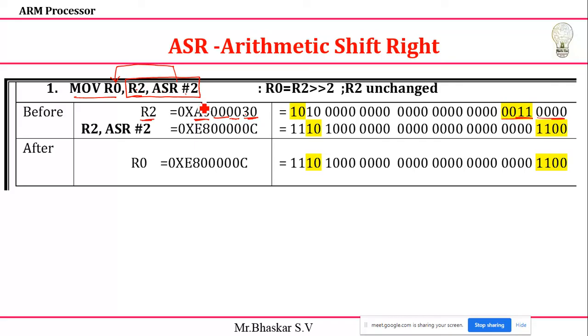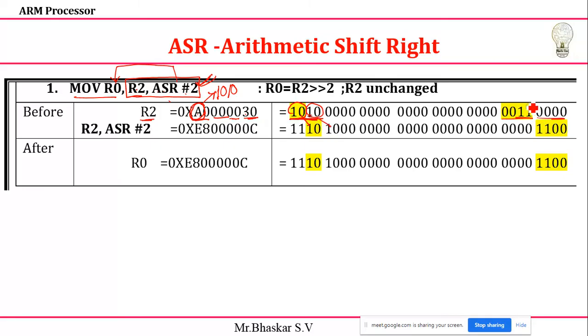Now I'll take A. How to represent the binary value of A? You already know it is 1010. I have written 1010. So how many bits of shifting are they telling? It is 2 bits. First you need to do the shifting operation. So this 2 bits will come to here, next this 2 will come to here, same position.